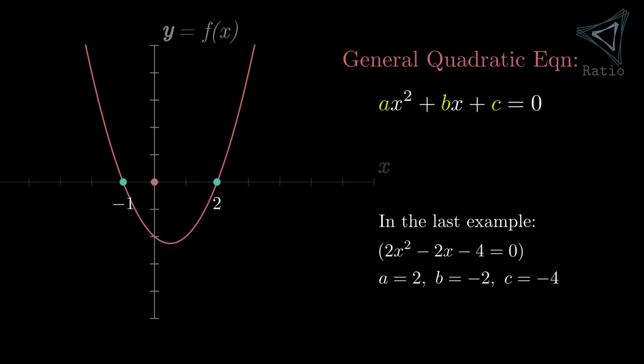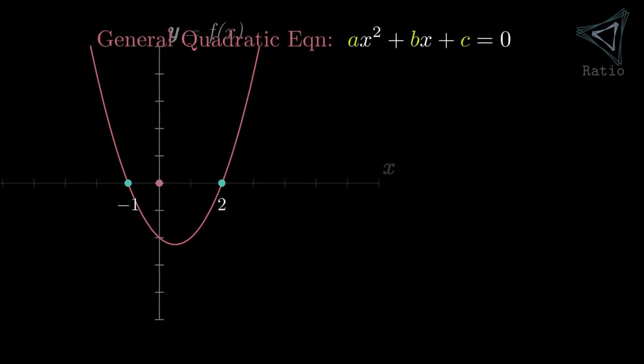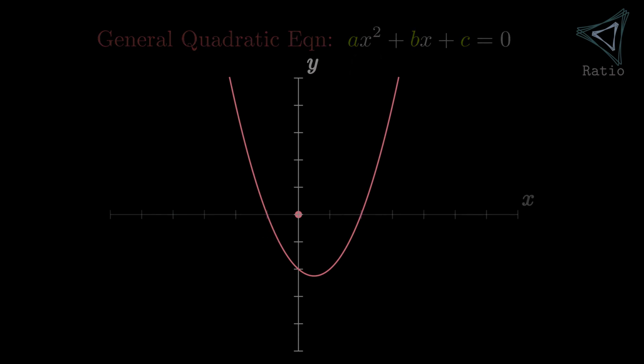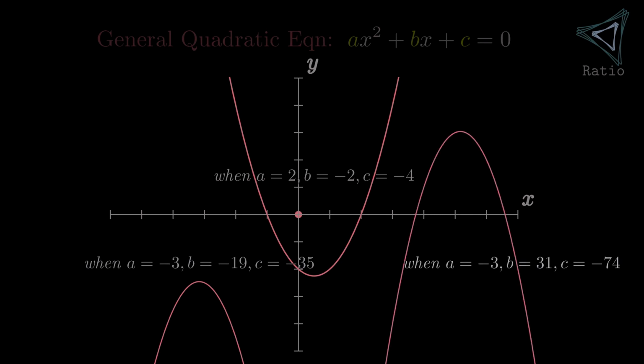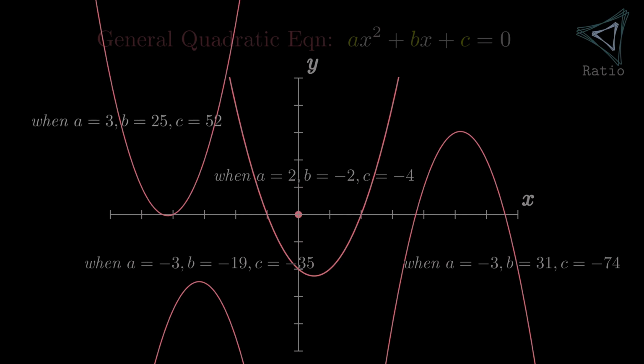As we change the values of a, b and c, the function also changes and correspondingly their solutions change. Here are some examples. Great! Now we can start unraveling the secrets of a general quadratic equation to solve all quadratic equations, and that we will do in the next video.